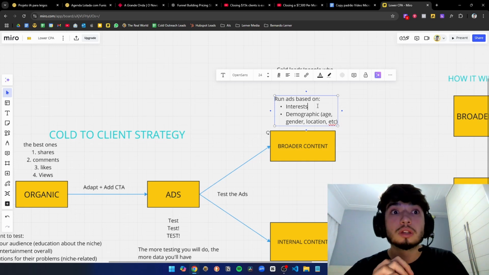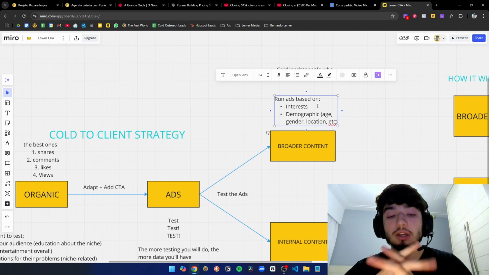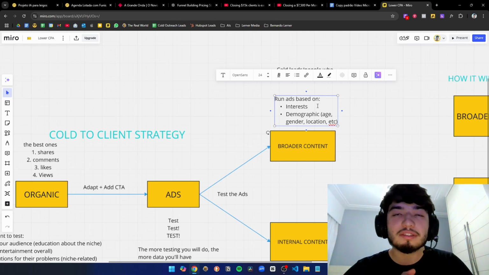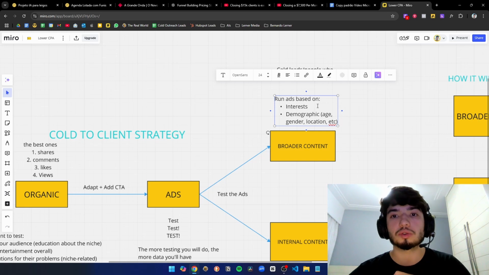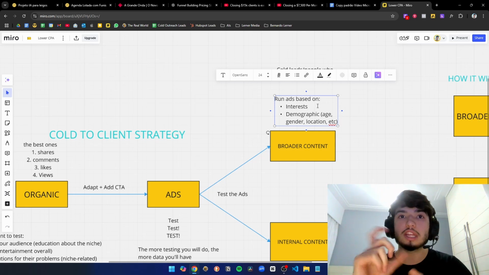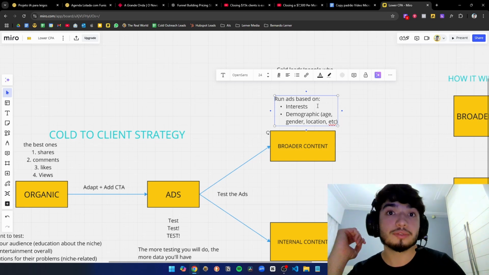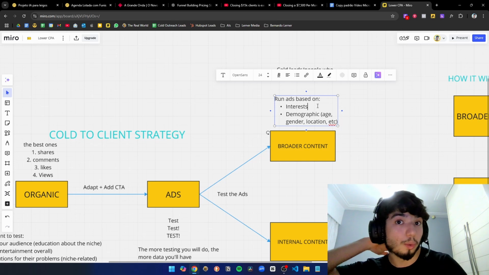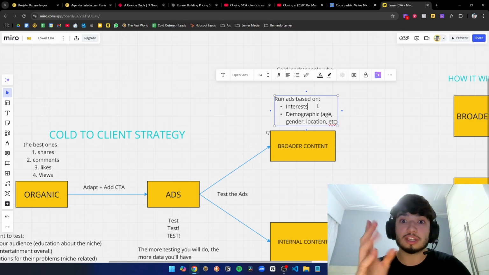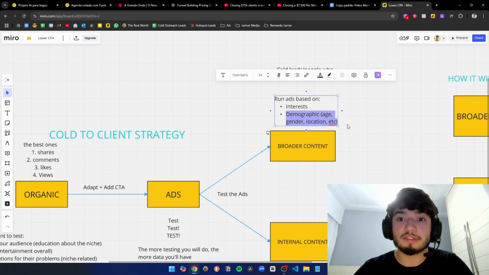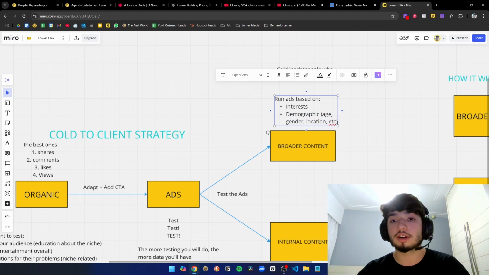Maybe an influencer who talks about shoes. Call other company names that sell shoes. Things that are trending in the shoe world. Just an example of that for your niche. And demographic: age, gender, location, etc.